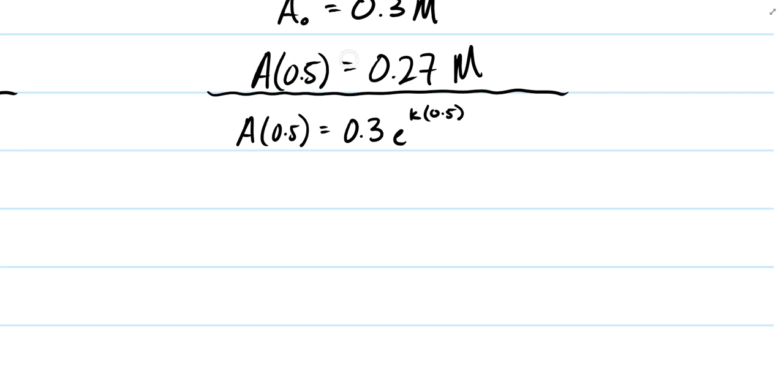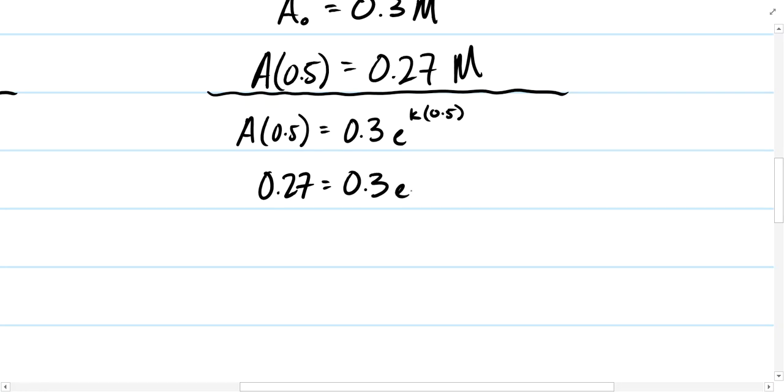Since A evaluated at 0.5 is 0.27, we now have this expression, 0.3 times e to the 0.5 k power. And since we're solving for k as the unknown, e is not a variable, e is an actual number, so let's keep that in mind. We're solving for k, this unknown, we would start the same way that we did in the other example, 0.27 divided by 0.3.